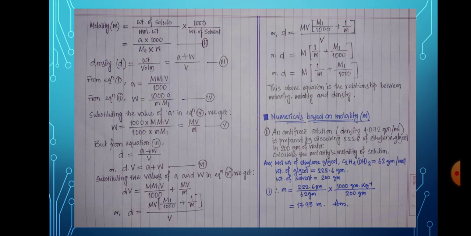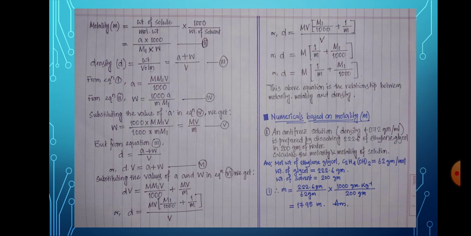We know density equals weight by volume, that equals A plus W divided by V, expressed by equation number 3. Now from equation 1 we can easily find the value of A, and from equation number 2 the value of W we can easily calculate.